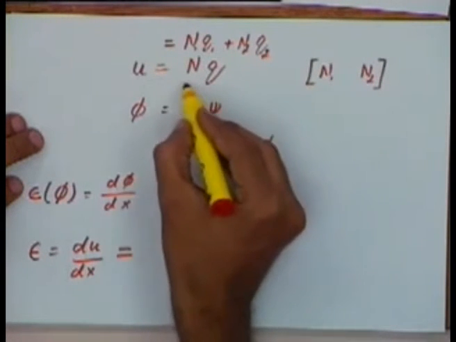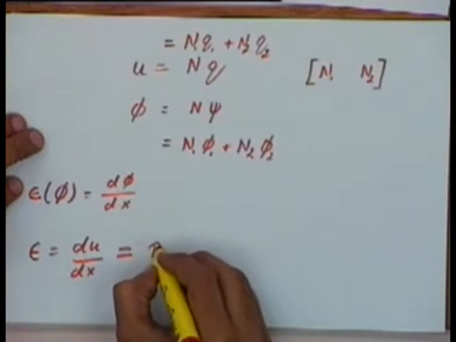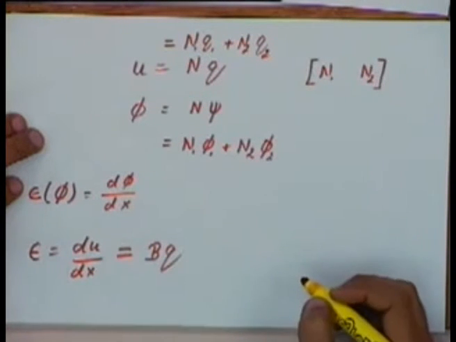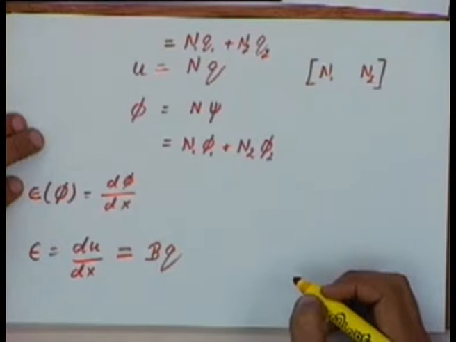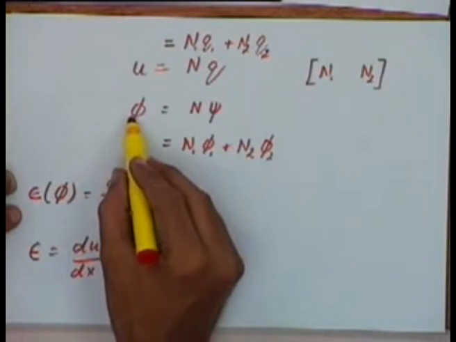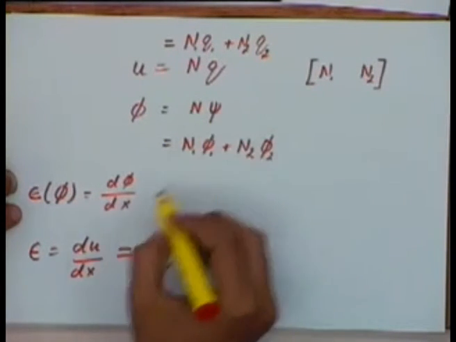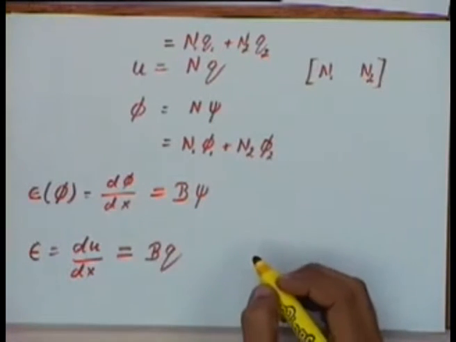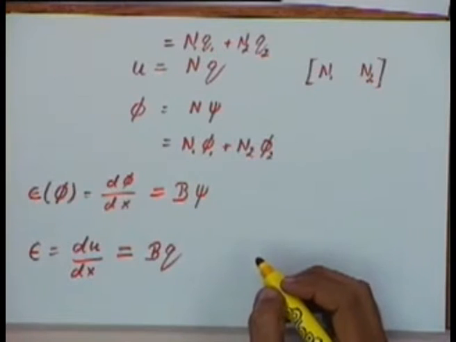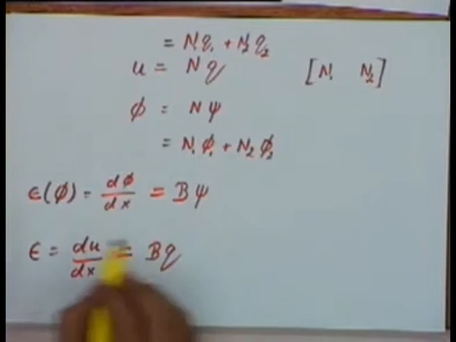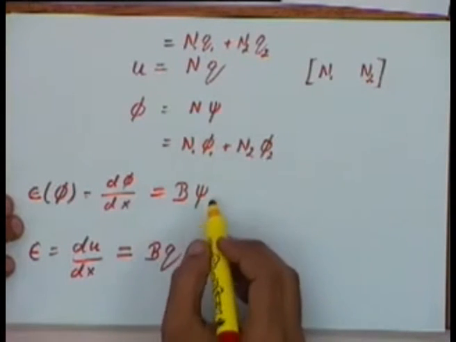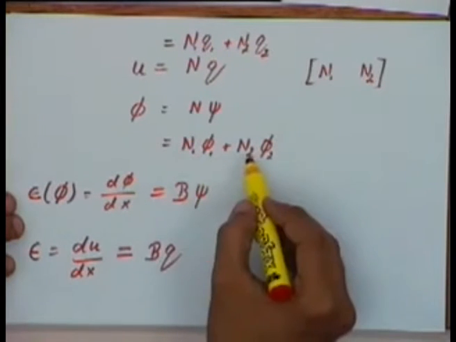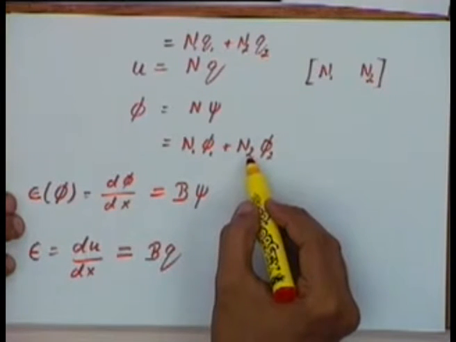If I differentiate this equation, I will say this will be equal to b times q. Okay, similarly, if I differentiate this, phi equal to n times psi, I will get this will be equal to b times psi. Okay, and this derivation is straightforward. All that I have to do is differentiate n1 and n2 with respect to x.